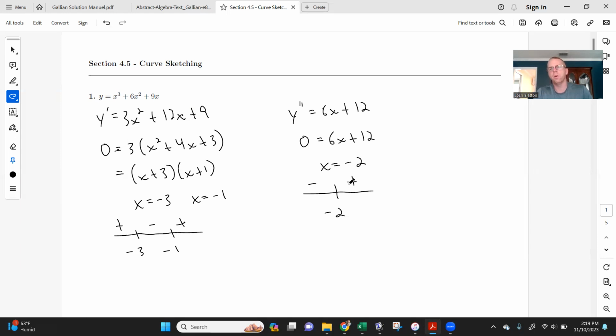On the web-assigned homework, as far as choosing the graphs, it's multiple choice. They make you do all this stuff because you have to pick out where the intervals are that it's increasing and concave up and all that other stuff. So you can't just graph this on your calculator and choose the right graph. That doesn't work. It'll get you the right graph, but it doesn't work for all the other parts that you have to do.